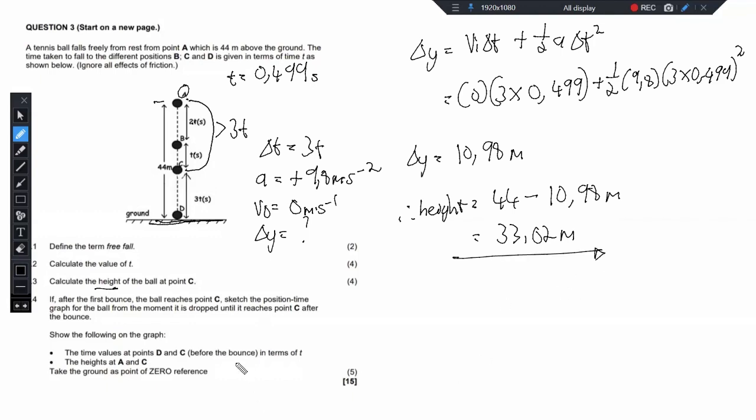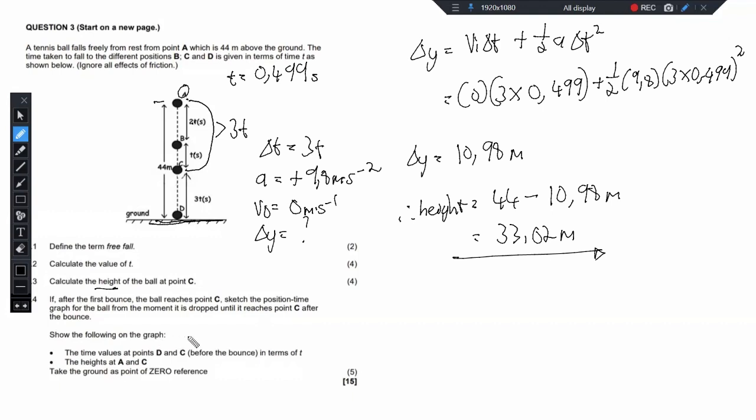Okay, so 4 marks like that. And now we move to 3.4. It says if after the first bounce, the ball reaches point C. So the ball drops here, bounces at point D, and then jumps back to point C. Sketch the position time graph for the ball from the moment it is dropped until it reaches point C after the bounce.